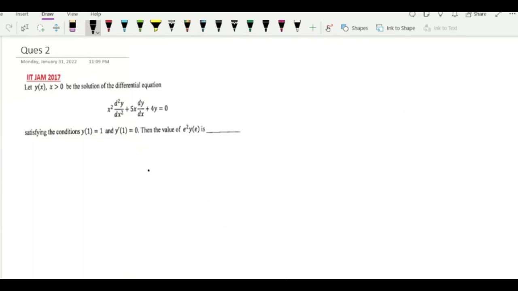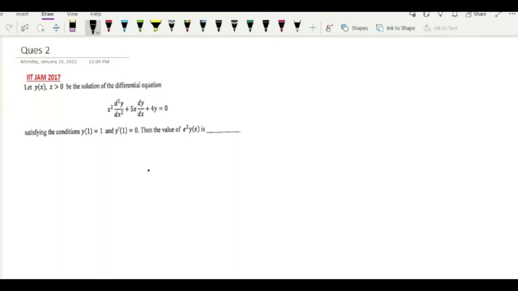The next question is from IIT JAM 2017, also a numerical answer type question. We have the questions from previous years, only single answer type or numerical answer type questions on this topic. There are no multiple answer type questions on this topic, even in the GATE, IIT, and NET examinations.